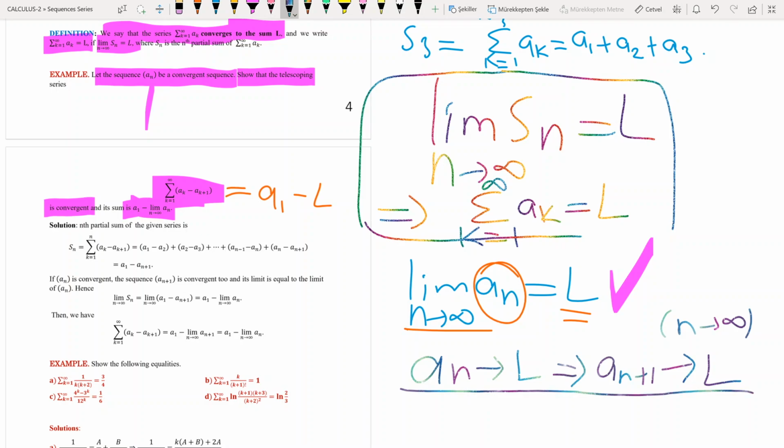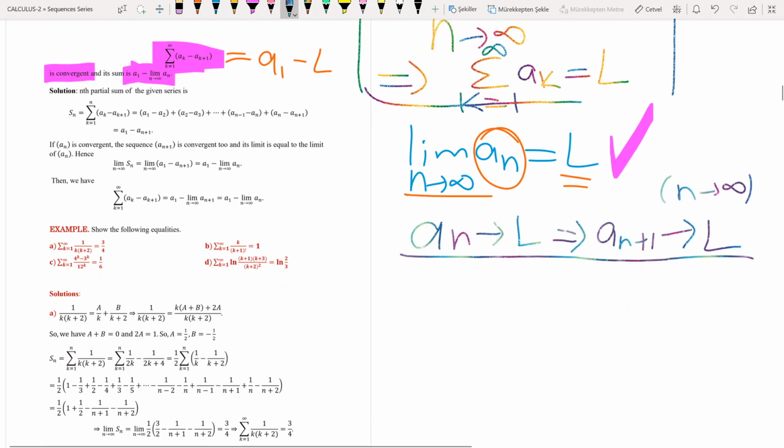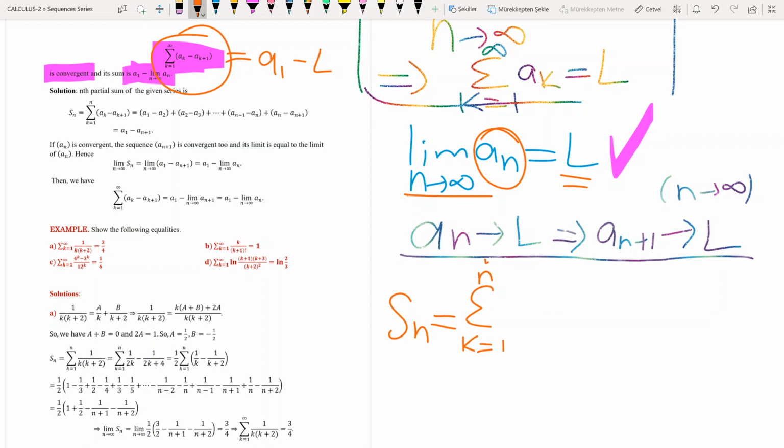So using these two results, we will solve the problem. Okay, let me write Sn for the given telescoping series: Sn, k from 1 to n. Don't forget, we don't write infinity anymore. Ak minus ak plus 1 is equal to, for the first term, for k equals 1, a1 minus a2.